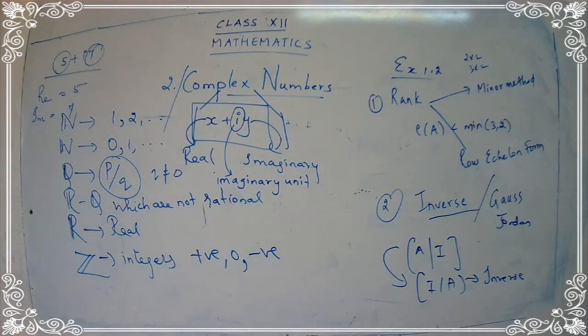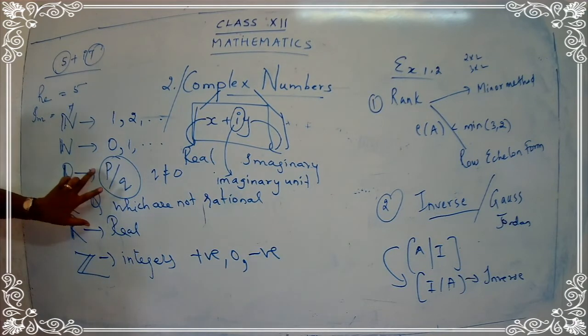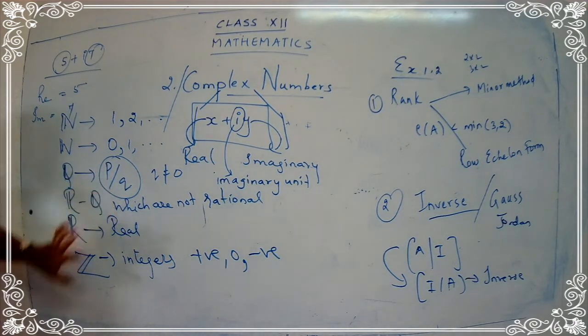I hope you were clear with the numbers that we have used in our previous classes. We have studied natural numbers, that means it starts from 1. The next one is whole numbers, it starts from 0. The next one, rational numbers, which can be expressed as p upon q.